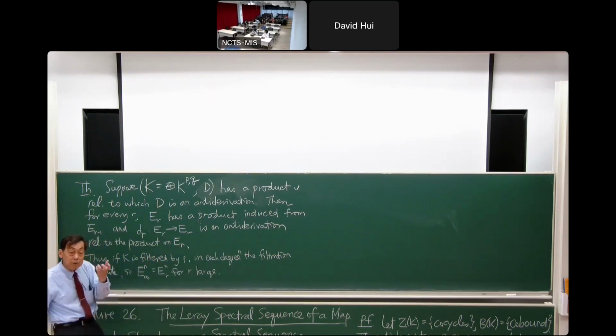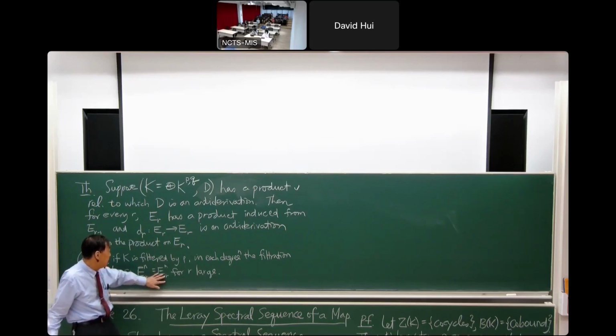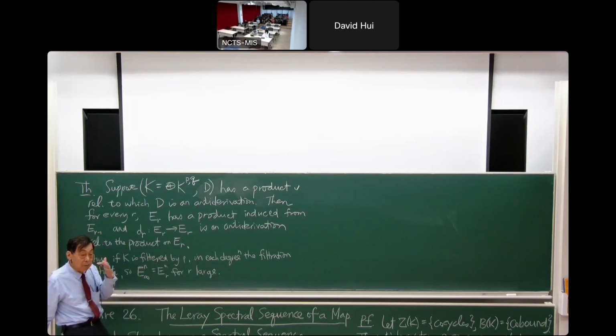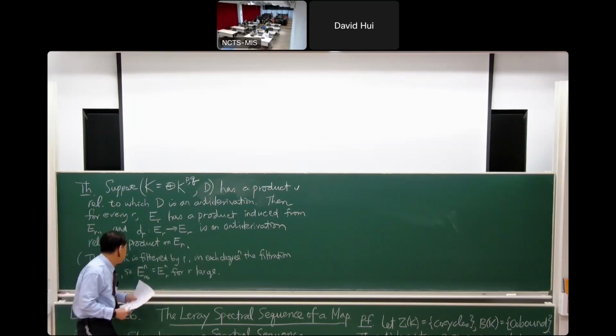Now, if you want to multiply two elements, one of them has degree m and the other has degree n, then you just have to look at all the elements of degree less than or equal to m plus n. So E infinity is defined, and so E infinity also has a product.